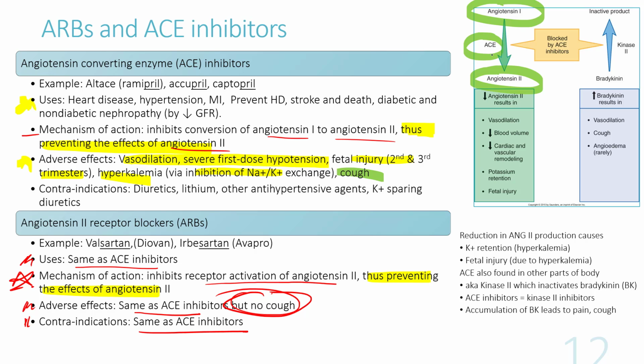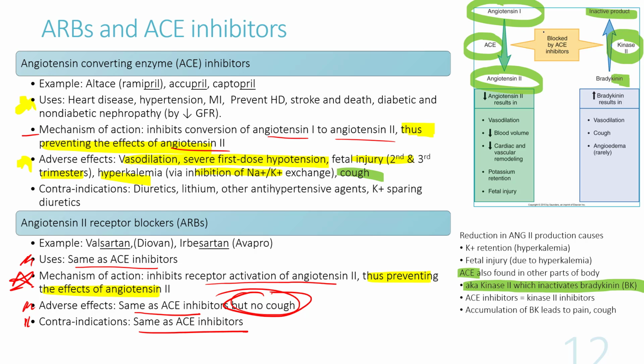Now, angiotensin converting enzyme is also known as kinase 2, right? So ACE is also known as kinase 2. What happened was a different scientist found out about it and named it kinase 2 based on its function. And the function of kinase 2 enzyme, which is the same as the ACE enzyme, is that it breaks down bradykinin into an inactive product, right?